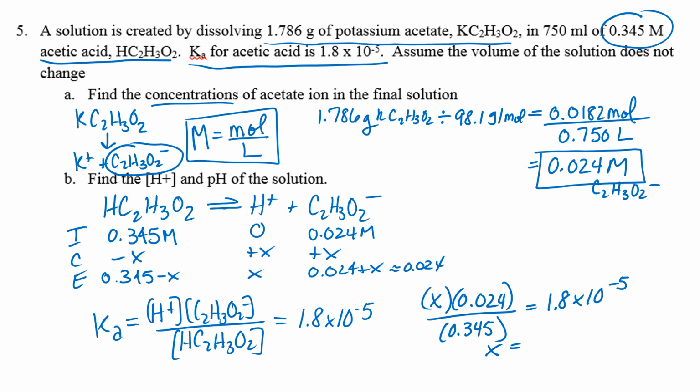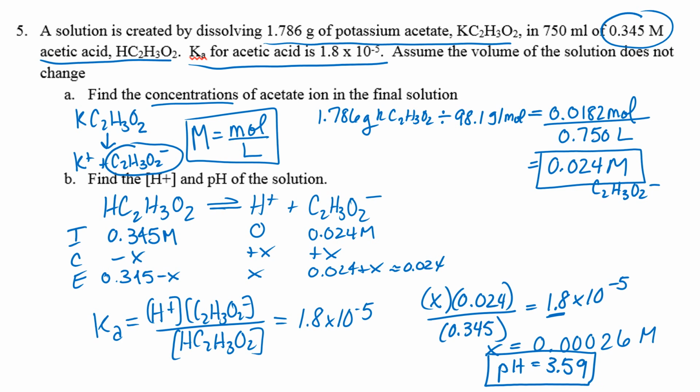So it's 1.8 e to the -5 multiplied by 0.345 divided by 0.024. Notice I don't need to do a square root at all. That gives 0.000 I guess I'd say 26 here, rounded because this one has 2 sig figs, and then I'm going to take the negative log of that value, and that will give me a pH of 3.59.